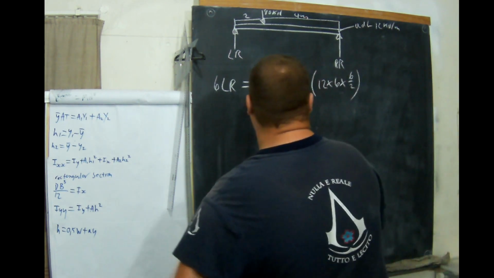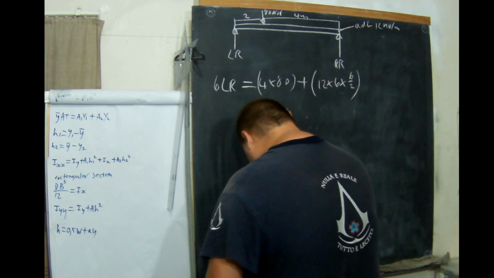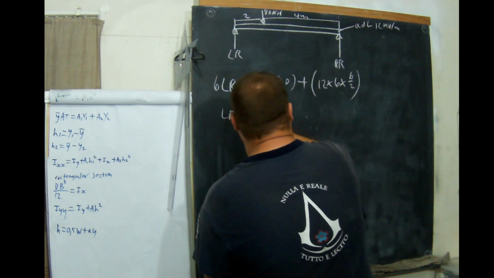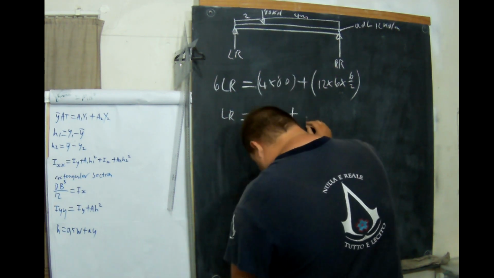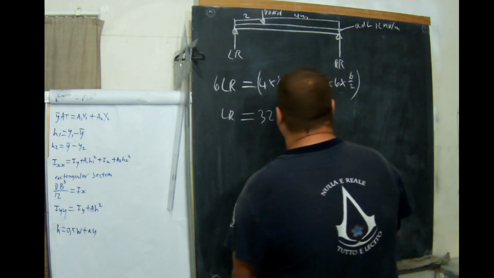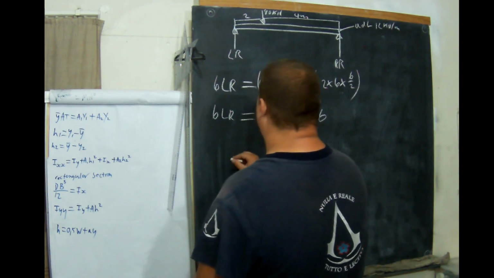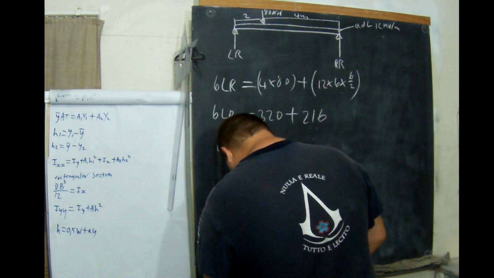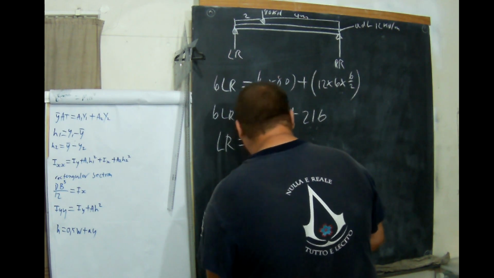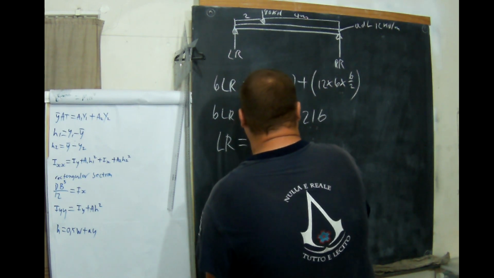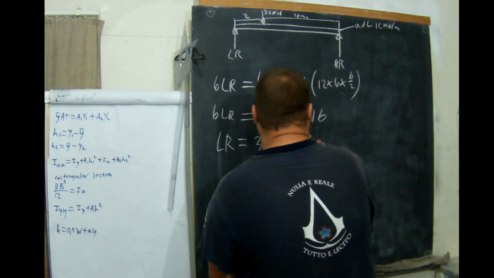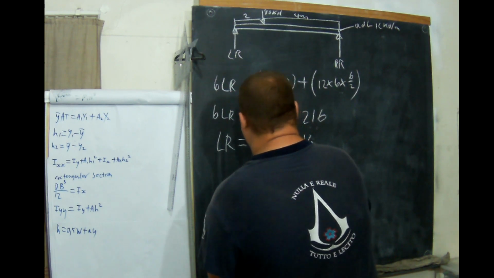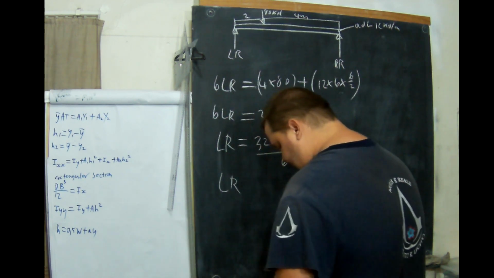Okay. So what we have now for LR is 320 plus 216, divided by 6 equals LR.